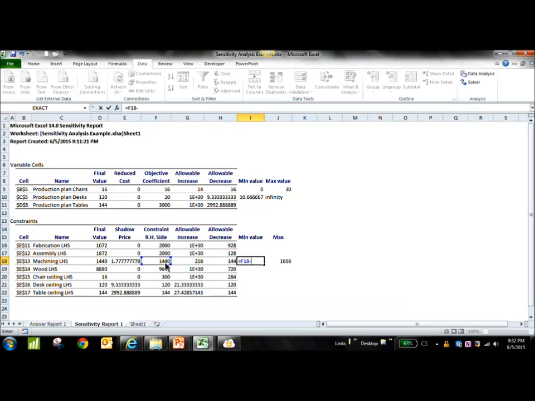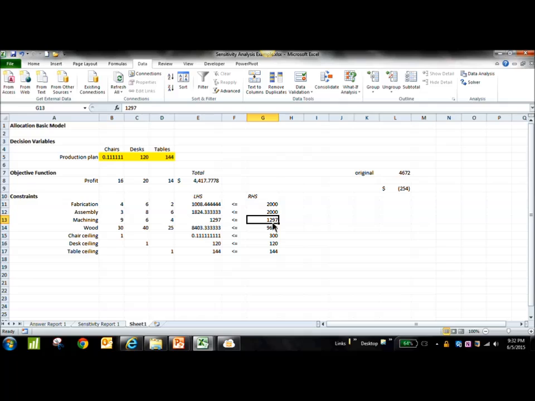So this is equal this value minus this, and it's 1296. And I went right in between that value.